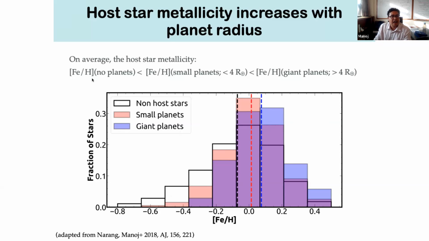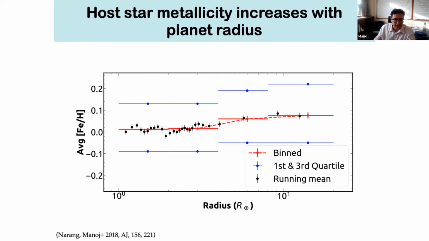You can see that the iron content of the host star, on average, progressively increases, going from stars which do not host any planets, to stars which host small planets, defined as having radius less than 4 Earth radii, smaller than Neptune. And when you go to giant-planet-hosting stars, they typically show much higher metallicity. This has come out in various forms, and I think several groups have independently shown this.